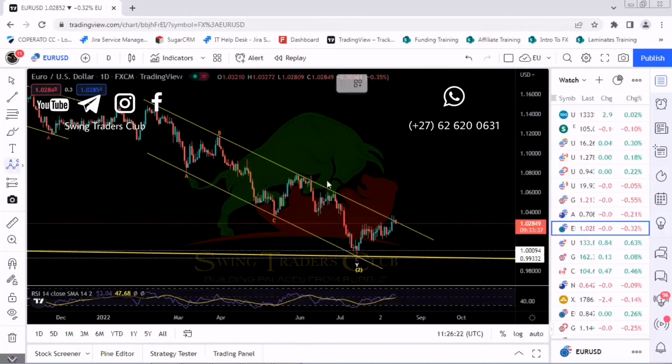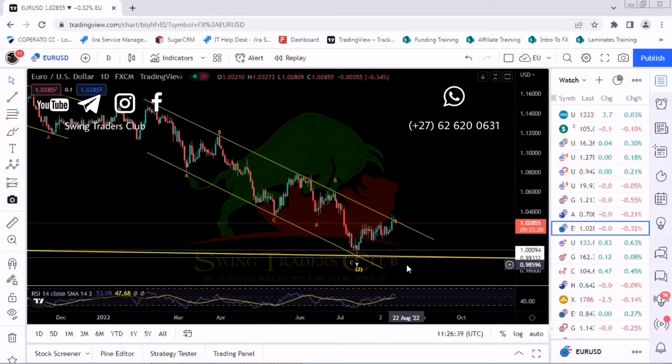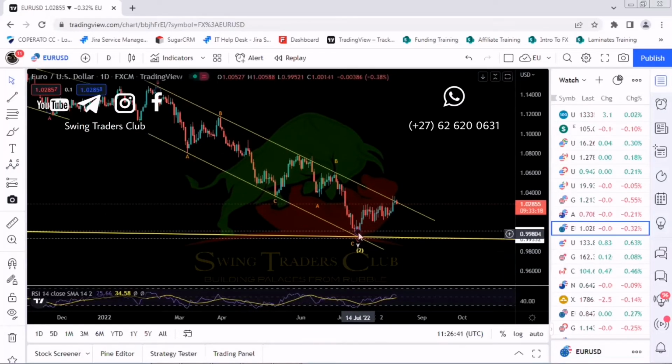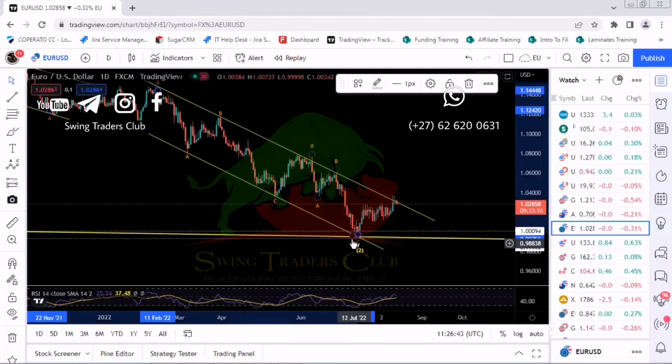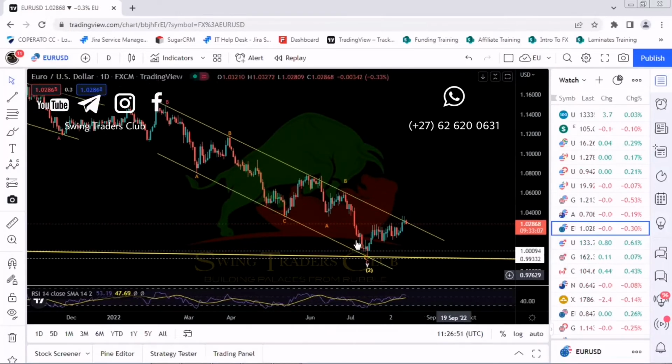And also at the same time, we have this. From that point, we have this, and then we've got A, B, C. So we have this, and then we have that. This C gives me this C, and then that C completes Y, and then this Y gives me my wave 2 completion.